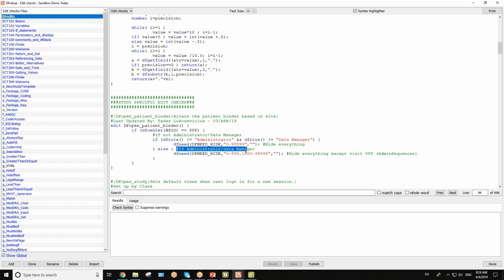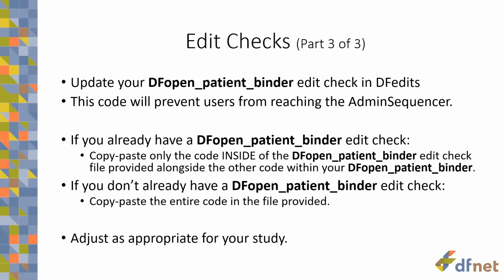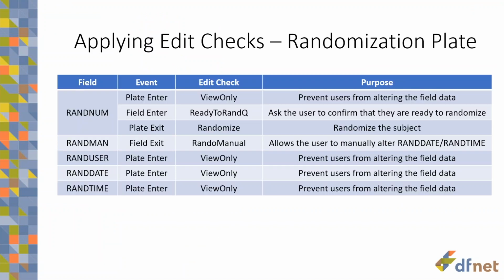And if they are an administrator or a data manager, then it's going to hide everything except for the admin sequencer. So administrators and managers can look at that sequence plate and see where things are. Adjust as appropriate for your study.